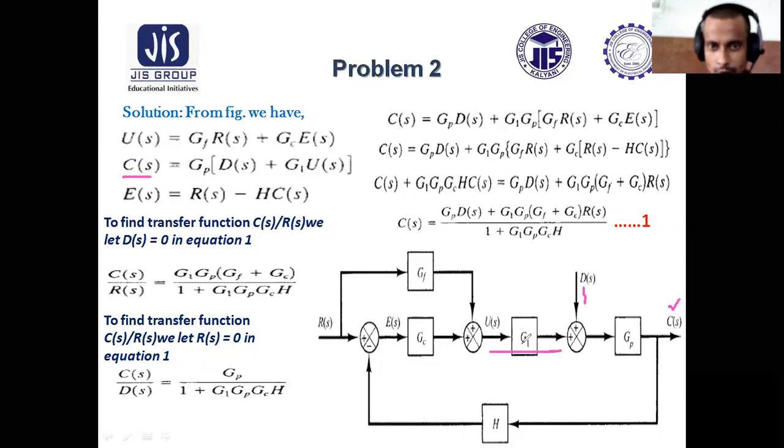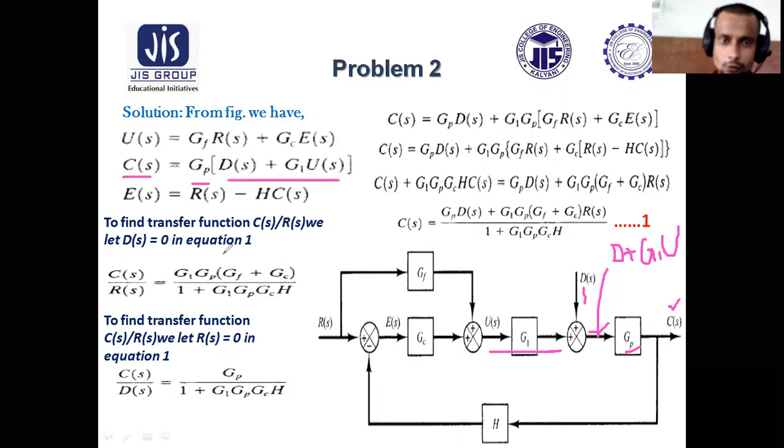So US into GIS plus DS, which is multiplied by GP. This signal is the signal which is passing through GP block. So CS equals to GP multiplied by D plus GIU.